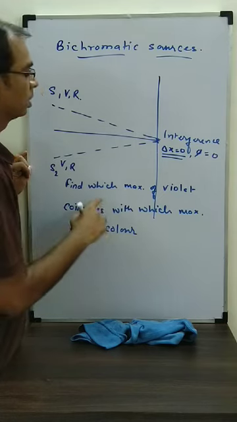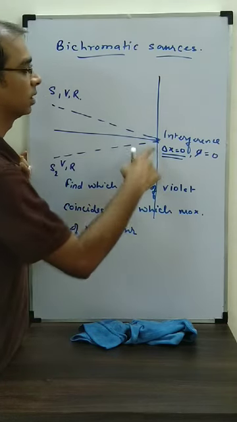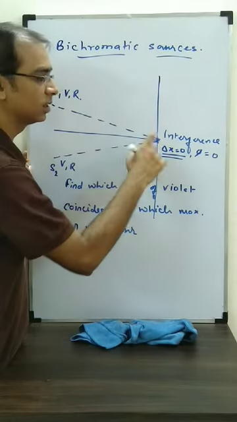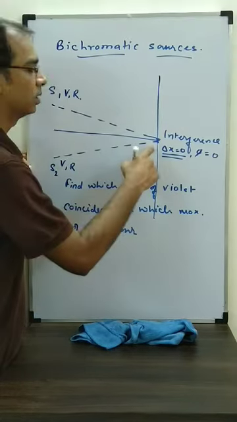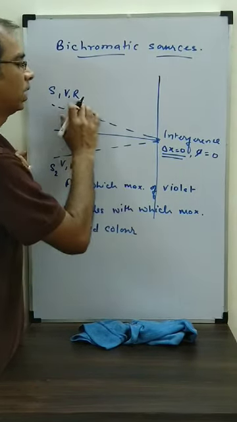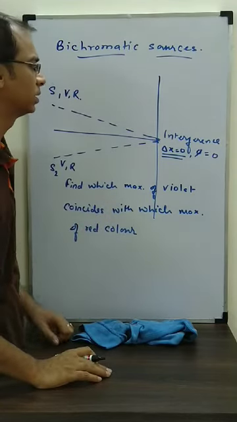Here, the 0th maxima of both are coinciding. Other than this point, at which point on the screen both violet and red maxima are coinciding, we have to find. That's the question.